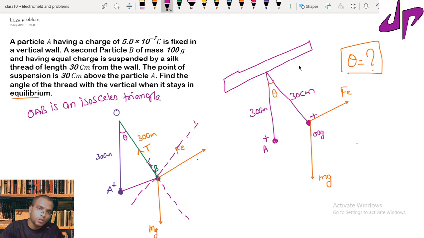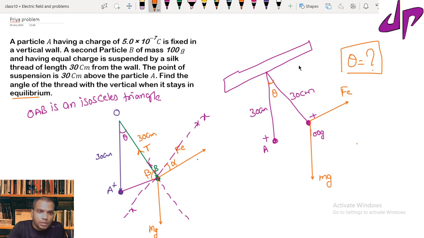So this you can take as positive x-axis and this as negative x-axis. And if you take the angles measured here, this angle I could take as alpha, and the opposite angle to that I'll take as beta.